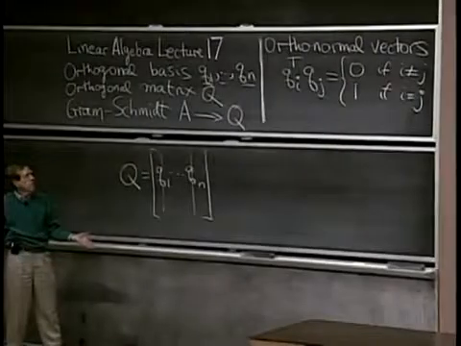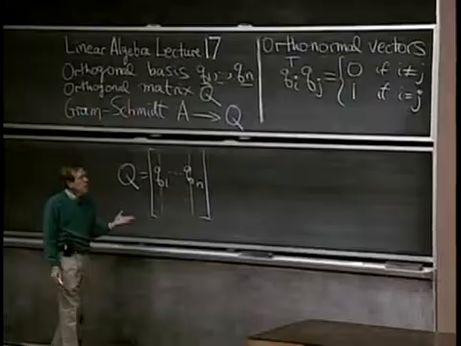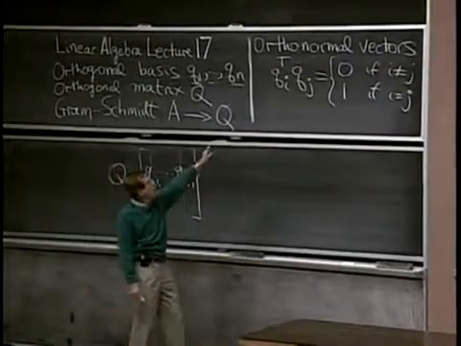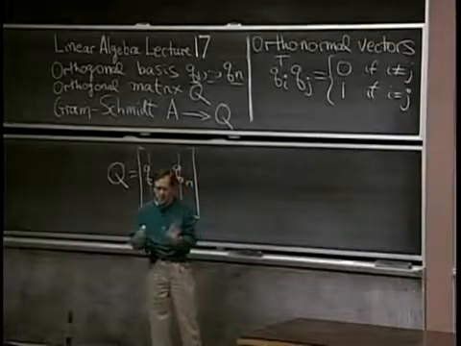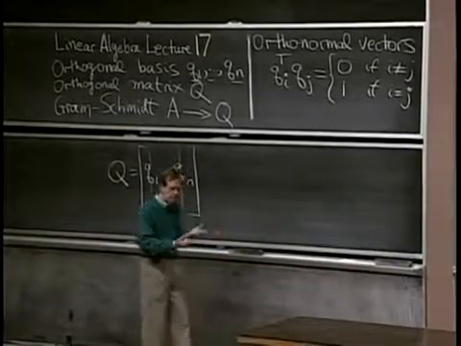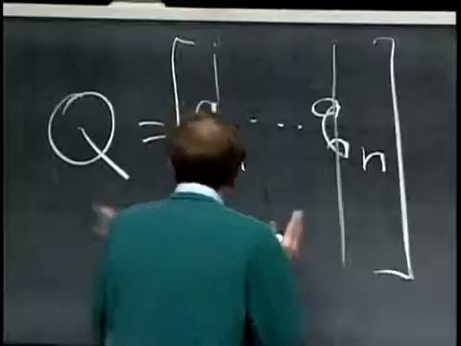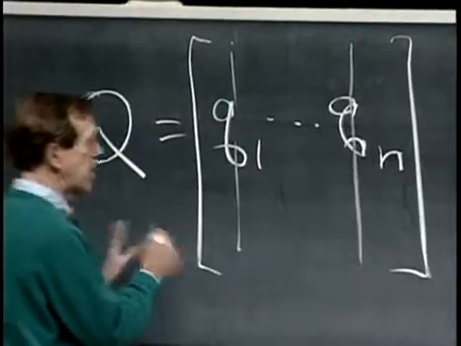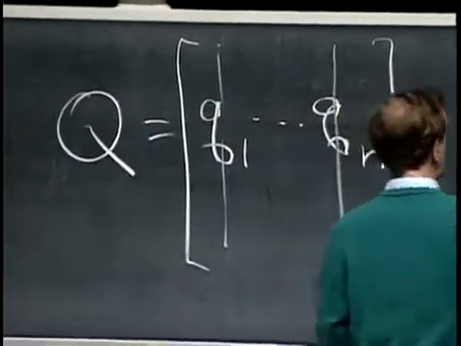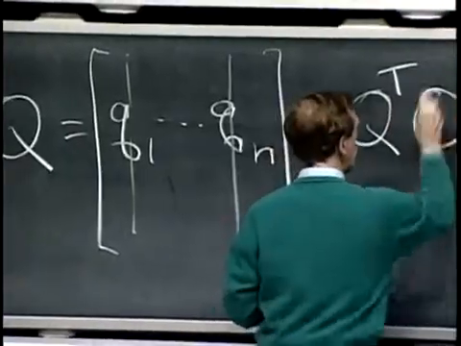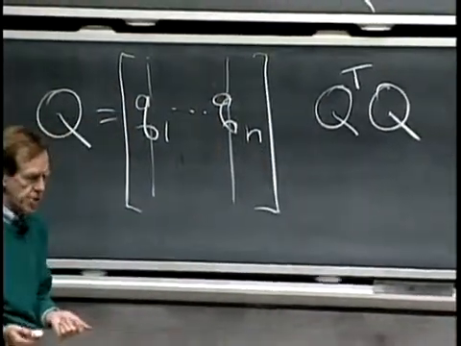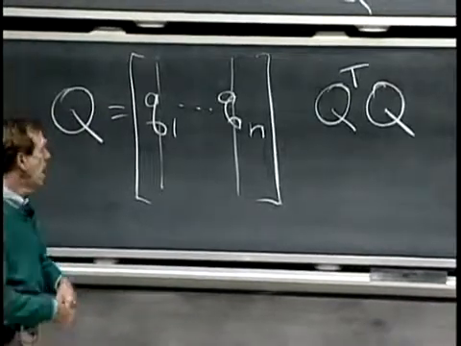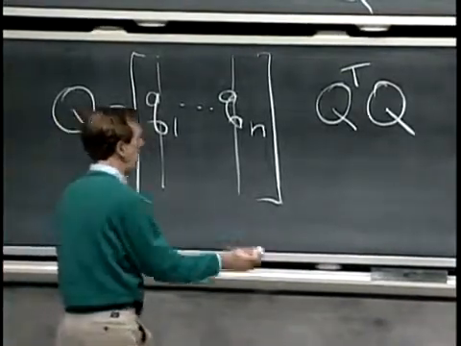And I want to write this property, Qi transpose Qj being 0, in matrix form. And just the right thing is to look at Q transpose Q. So this chapter has been looking at A transpose A, so it's natural to look at Q transpose Q, and the beauty is it comes out perfectly.